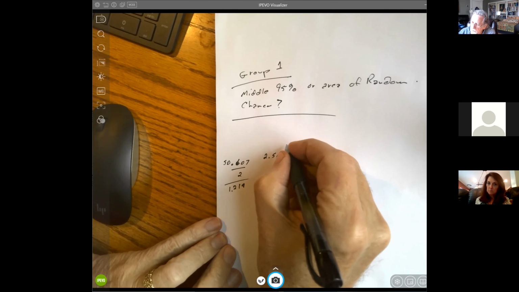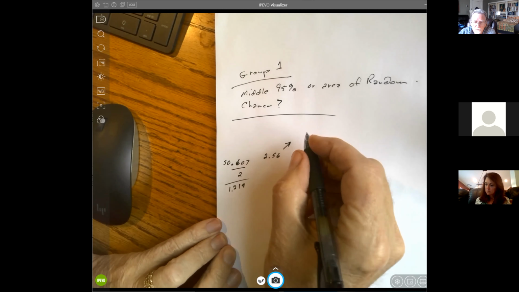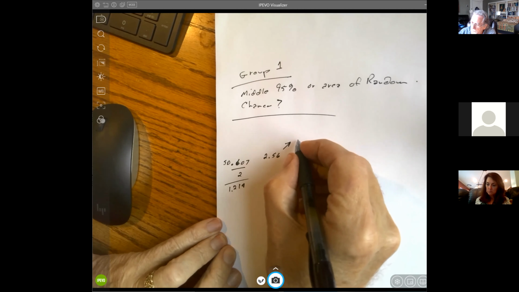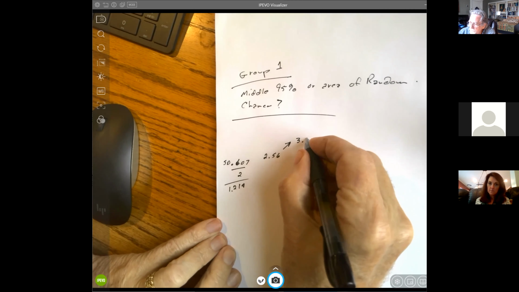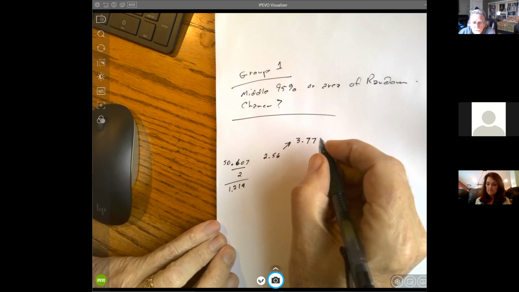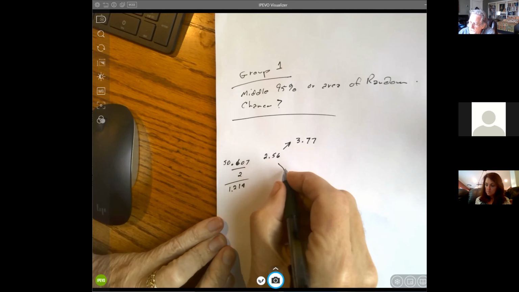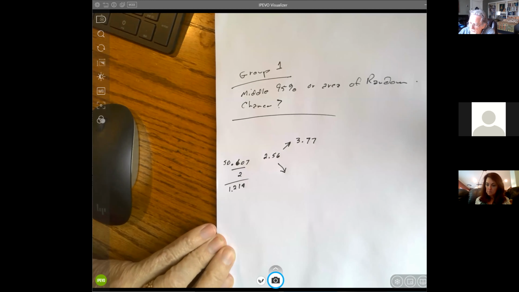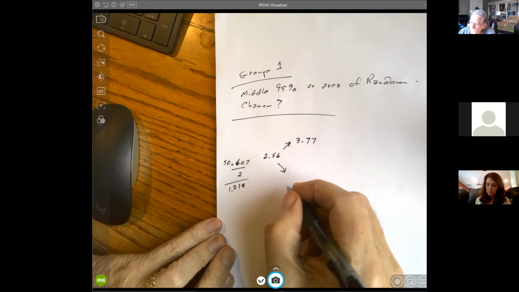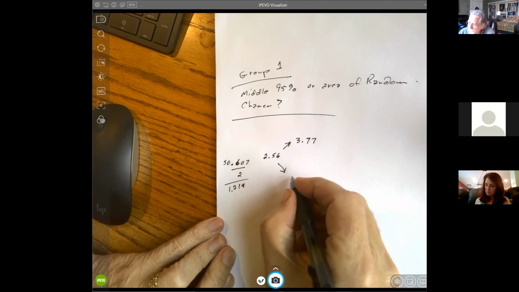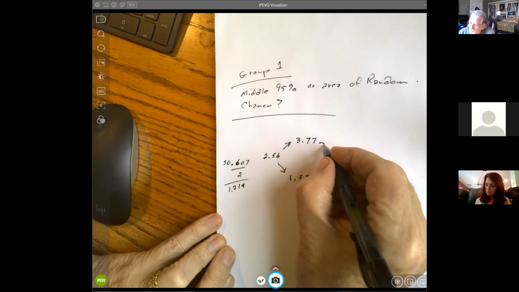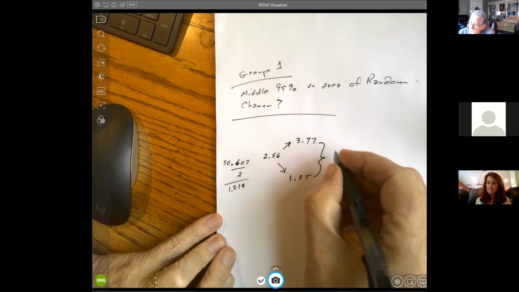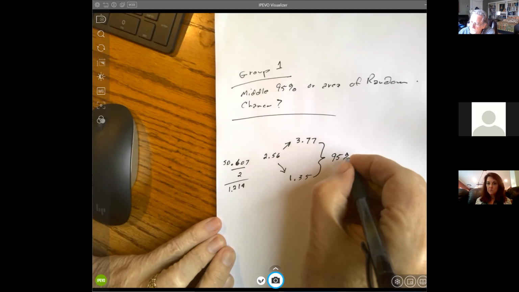So if I go up, 2.56 plus 1.21 becomes 3.77. If I go down 2 standard deviations, then the GPA value is 1.21 from 2.56, so it's 1.35. And so the 95% middle range would fall between those two.